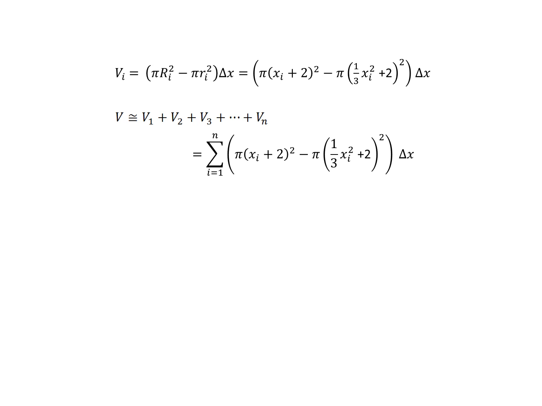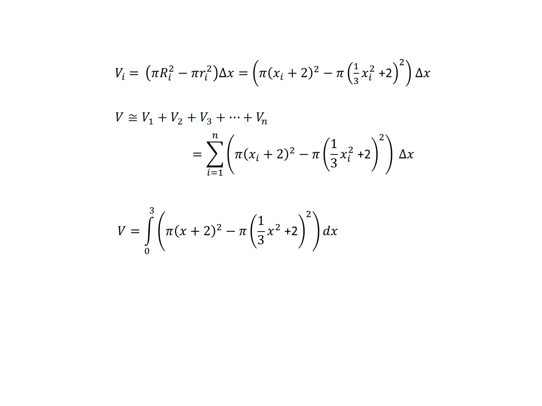What we do next is kind of interesting. We let n go to infinity. We have more and more of these washers, and our change in x gets smaller and smaller. In the limit of these Riemann sums, we get a definite integral, which gives us the exact volume.